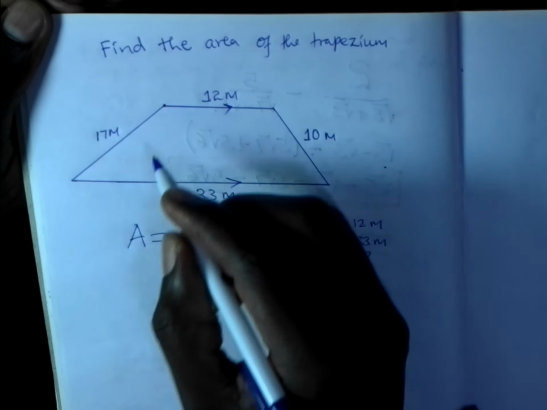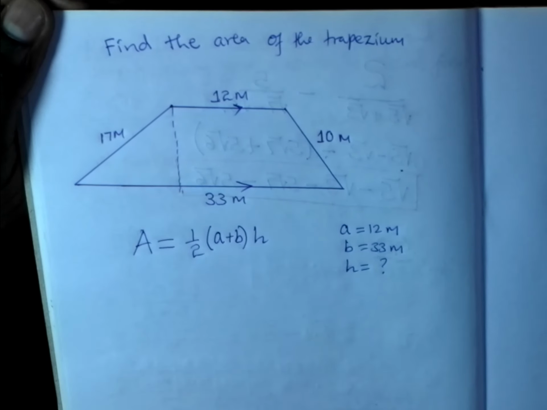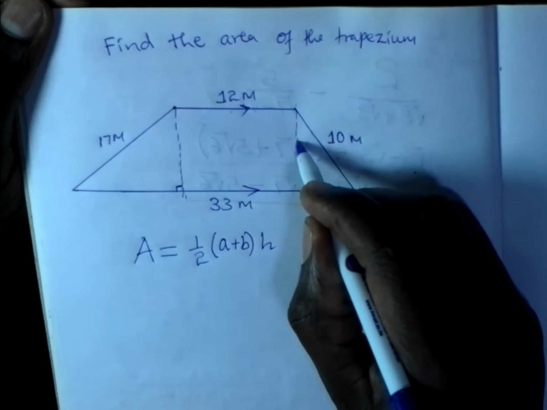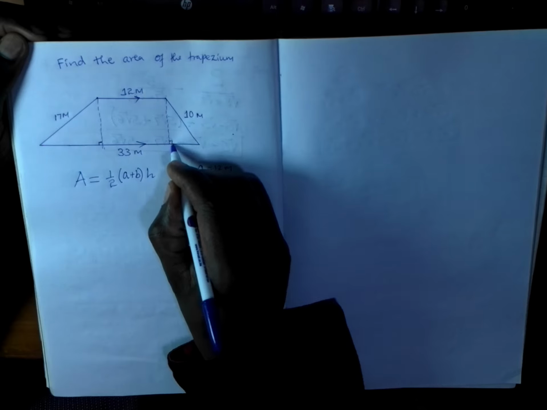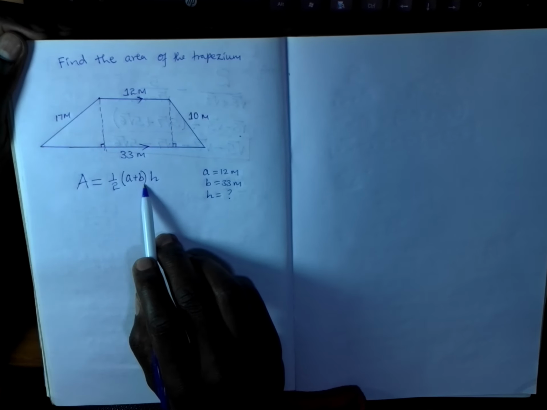So how are we going to get the perpendicular height? We need to get the perpendicular height so that we are able to find the area of this trapezium.